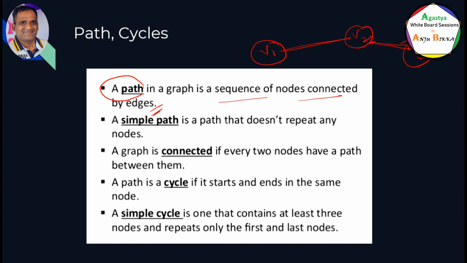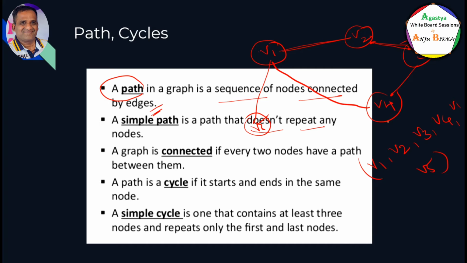What is a simple path? It does not repeat any nodes. For example, now if V4, then this is a path. If we connect a path, V1, V2, V3, V4, and then V5 and V1 and V5.